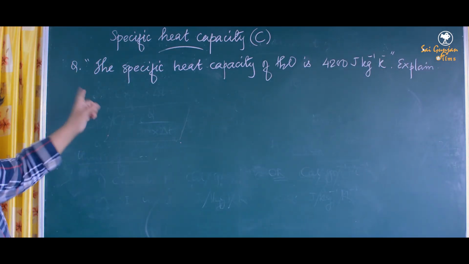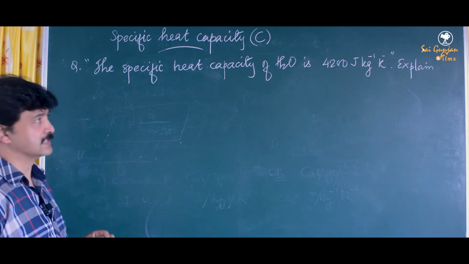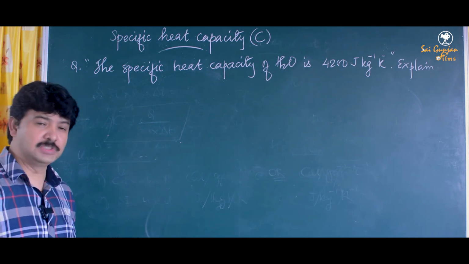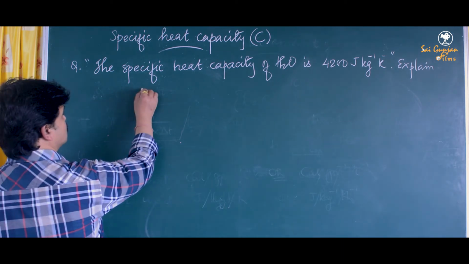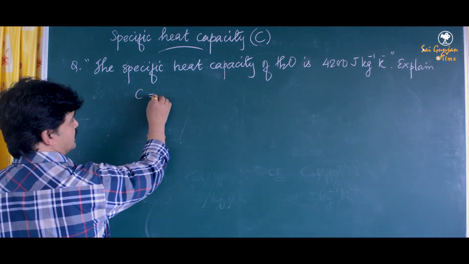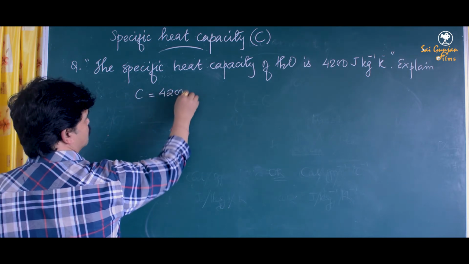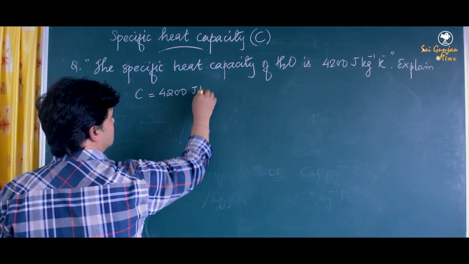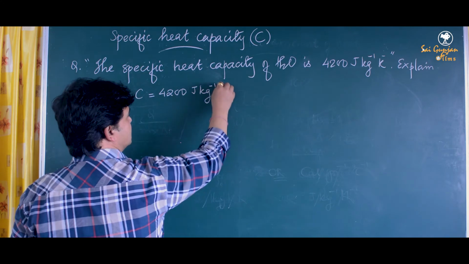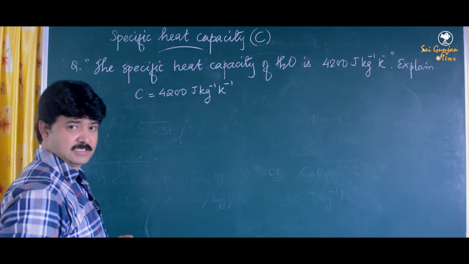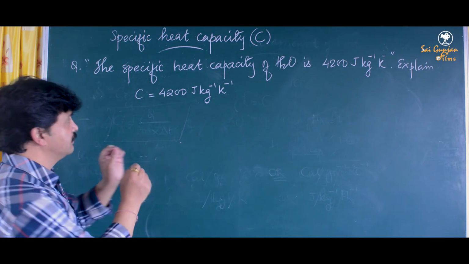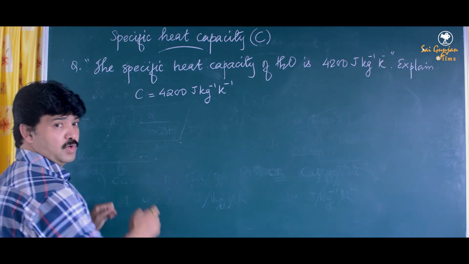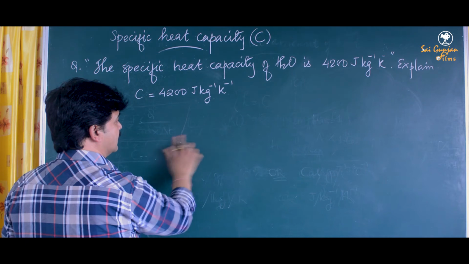Now, this is the question. The specific heat capacity of water is 4200 joule per kg per Kelvin. So, the specific heat of water is given as this, 4200 joule per kg per Kelvin. Now, from this, we first take out the different quantities denoted by the units.